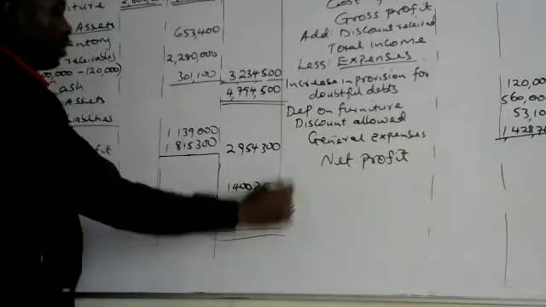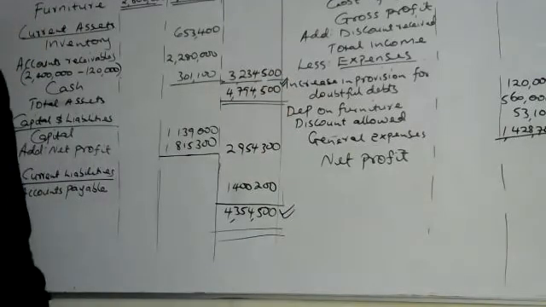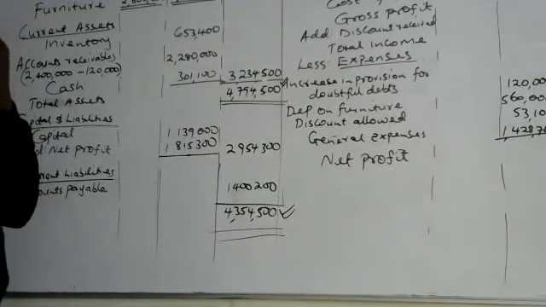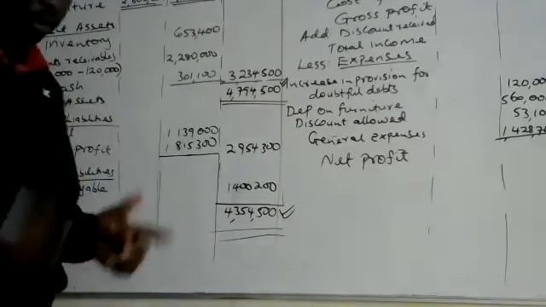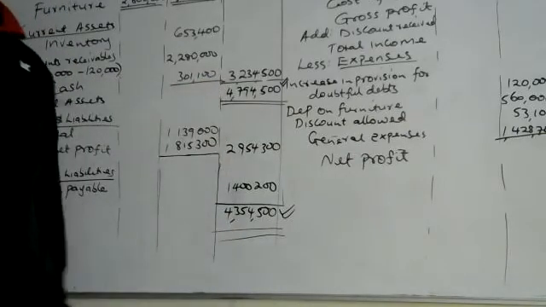The total capital and liabilities and the total assets, they are supposed to be the same. Where did we go wrong? Can you get the difference? This minus this, what is the difference?